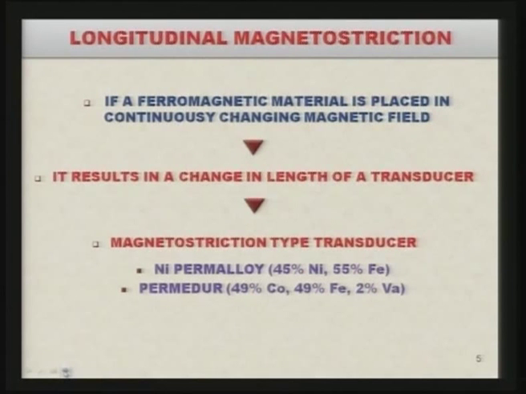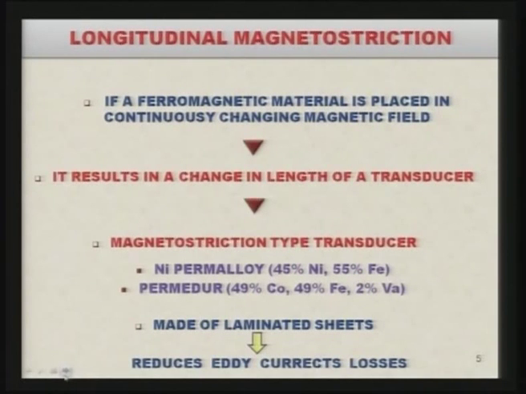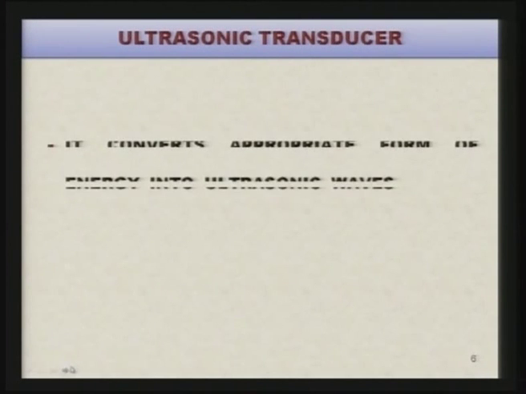Then there is permendur, which consists of 49% cobalt, 49% iron and 2% vanadium. Normally these transducers are made of laminated sheets because it reduces the eddy current losses.